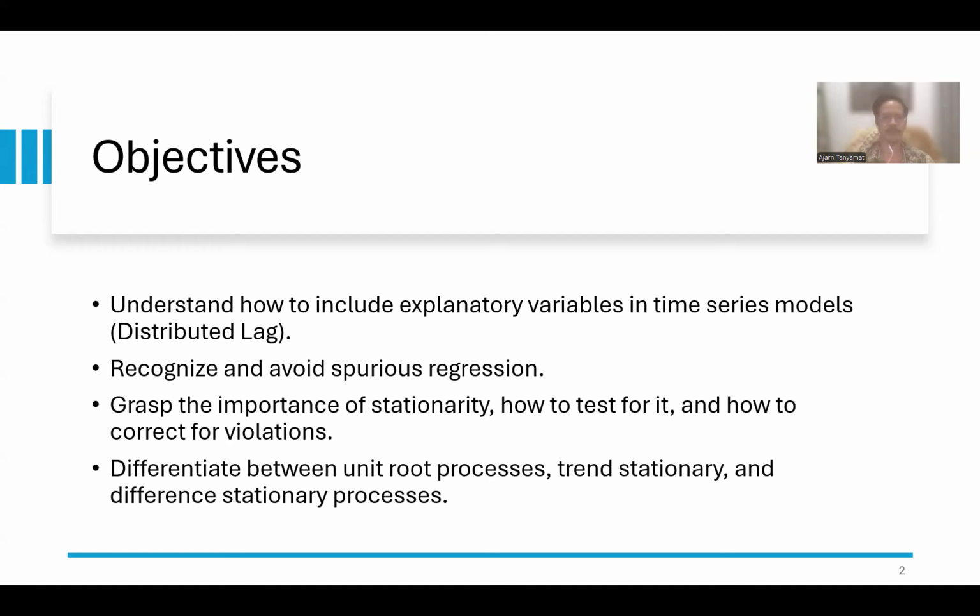In this lecture, which is going to consist of a few videos, we'll talk about spurious regression as well, which is the underlying concept when we talk about correctly estimating time series models. It's always about trying to avoid spurious regression. We'll talk about what that means.